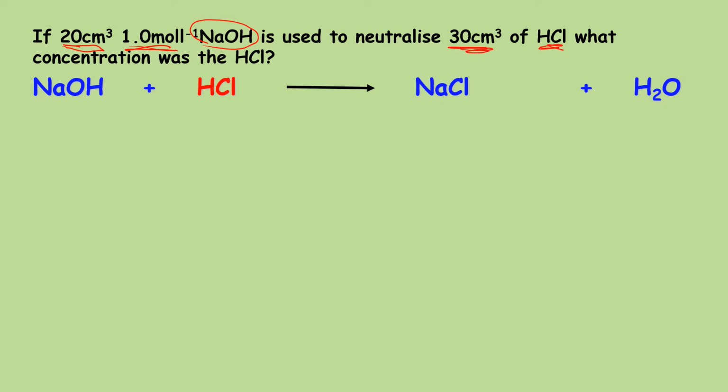But what we don't have is a concentration, because the question asks what concentration was the hydrochloric acid. So we go to our data booklet, we have a look at the contents page, we find the calculation and we write it down first.